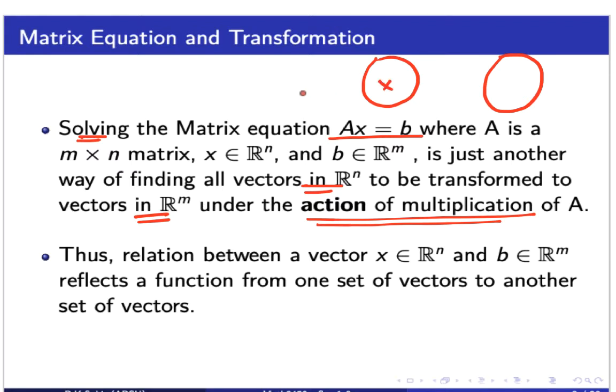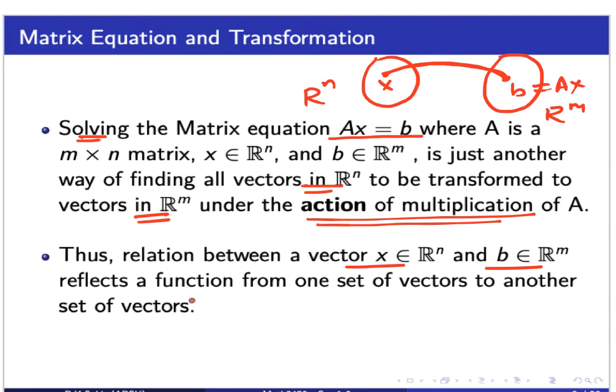Here, this vector is in Rn, and when you multiply this vector x by A, it takes you to another vector B, which is given by Ax. Now, this transformation, which is brought about by matrix multiplication, is called a matrix transformation, which we're going to talk about in a minute. So what we're seeing is the relation between a vector x in Rn and a vector in Rm.